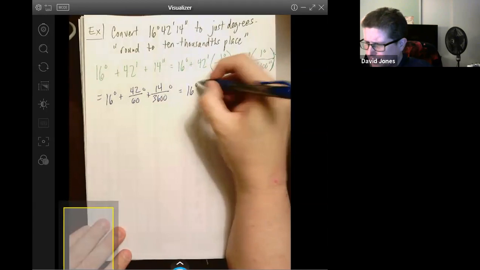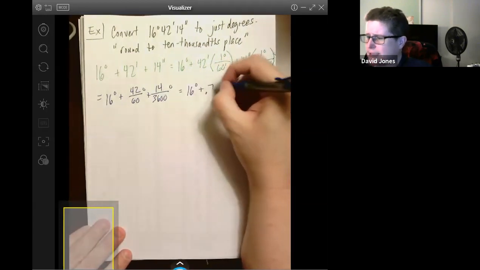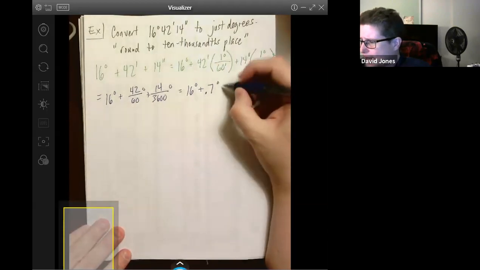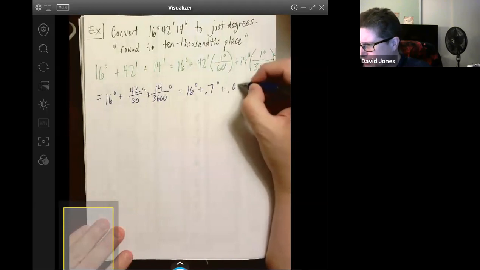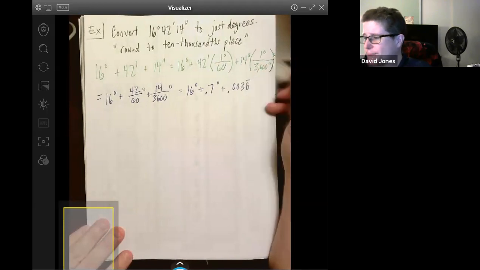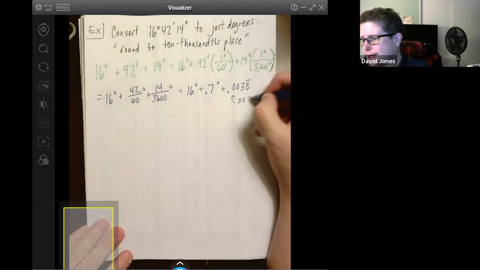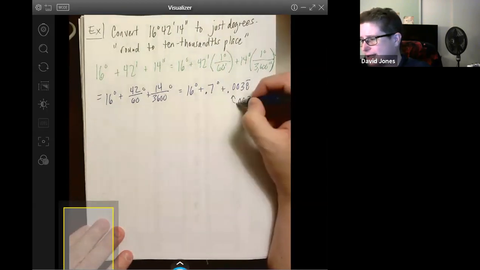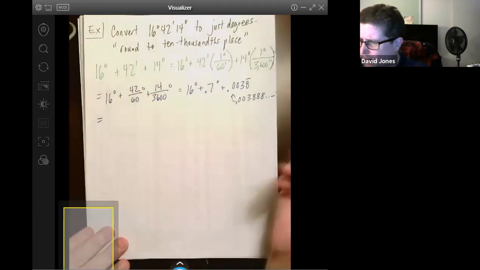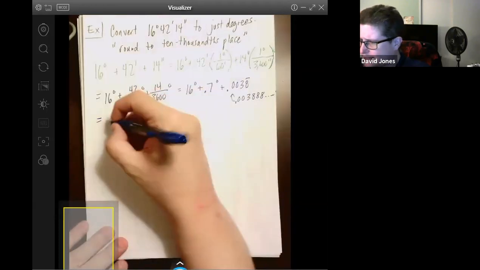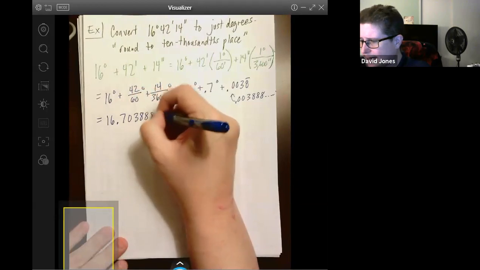That's, if you throw those into a calculator, 42 divided by 60 is 0.7. And the 14 divided by 3,600, I got 0.0038, and that kept repeating. So 0.03888, etc. So what we have here, when we add them all up, we have 16.70388888.